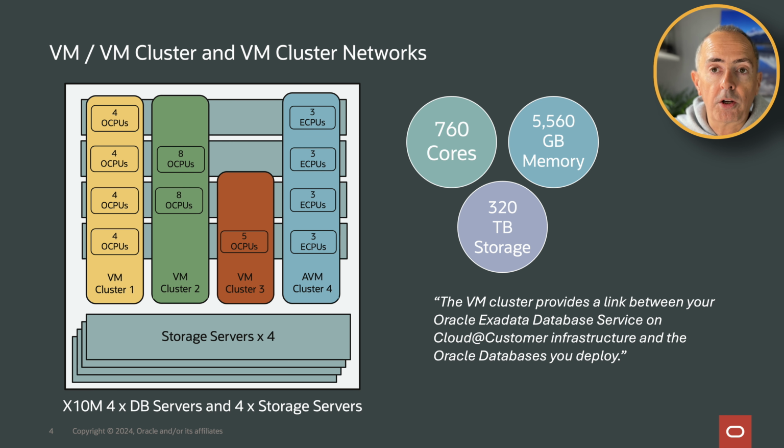Now this needs to be in its own cluster, and this is how we run both autonomous and non-autonomous workloads on a single Exadata Cloud Customer. And for autonomous, there's an option to use a new metric for CPU resource allocation called eCPUs, which allow for more flexible use of resources.